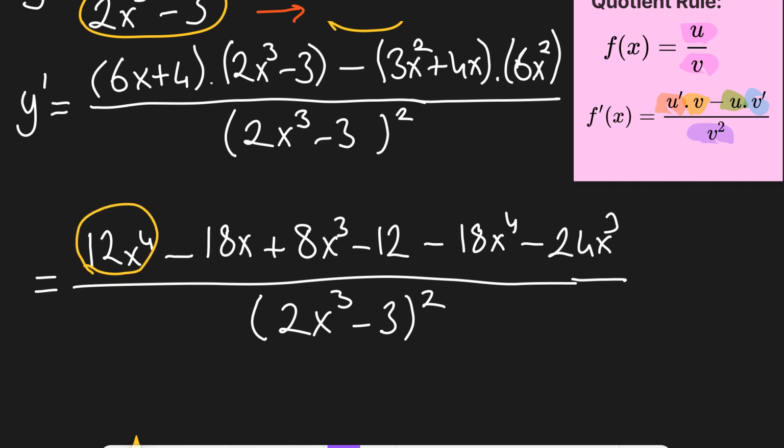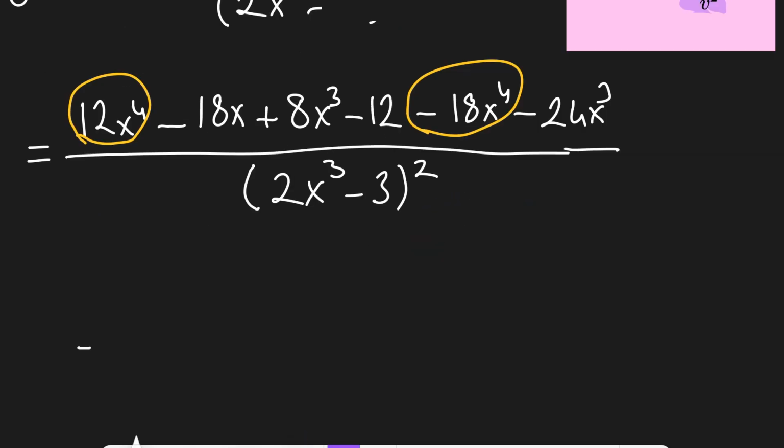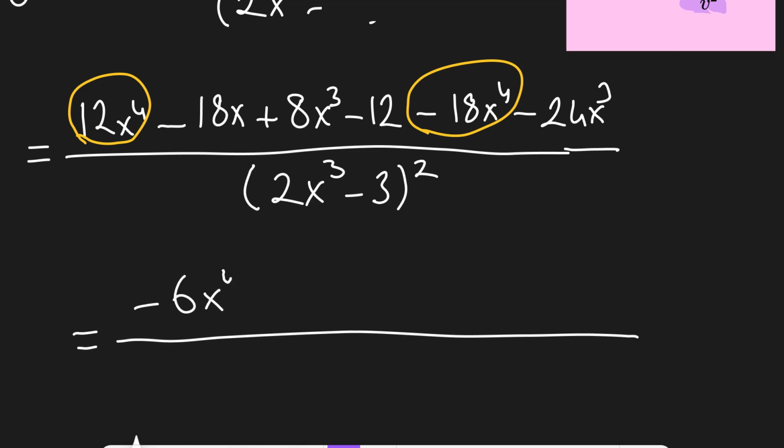Now we can add the x to the fourth terms, which end up with negative 6x to the fourth power.